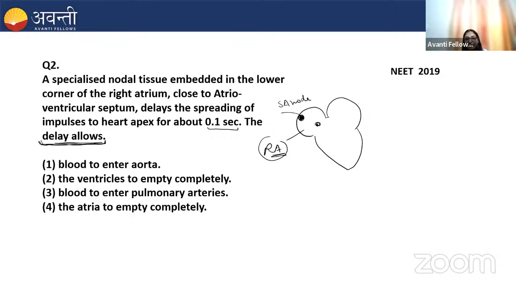And here the AV node is present, in the lower portion, the lower corner of the right atrium, close to the atrioventricular septum. That is, the septum between the atrium and the ventricle is known as the atrioventricular septum. So they are talking about this AV node.